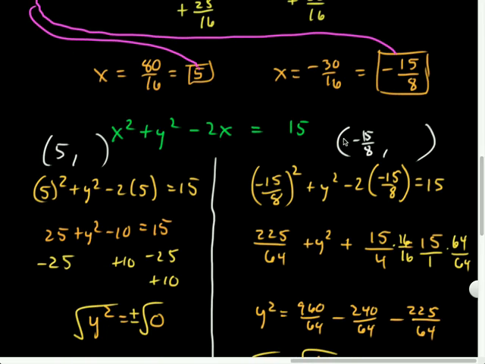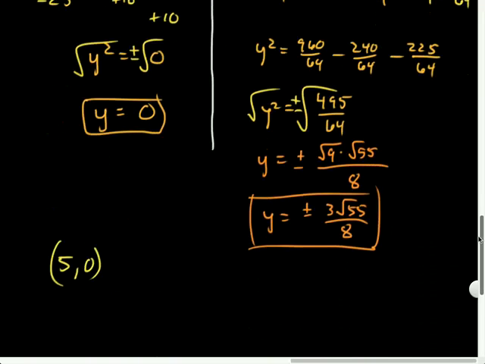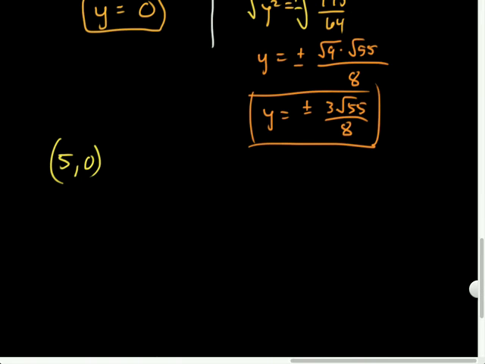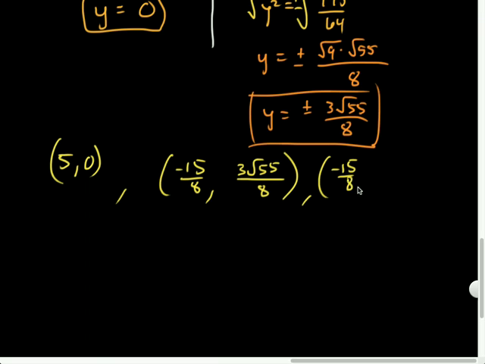And when did I get those solutions? When I plug in negative 15/8 for x. So my other two solutions are negative 15/8, comma, 3 roots of 55/8, and the negative version of that, negative 15/8, comma, negative 3 roots of 55/8.